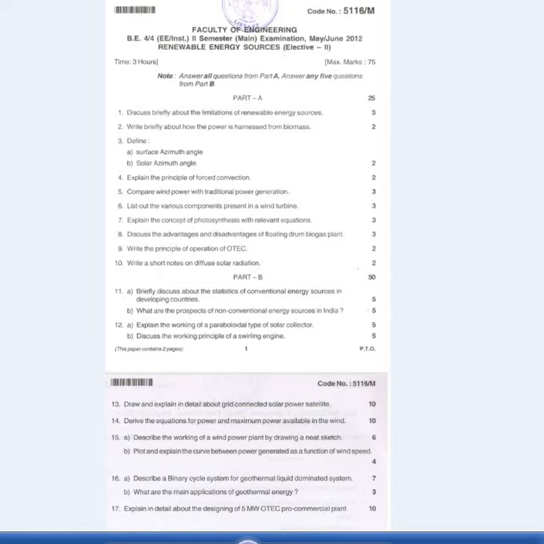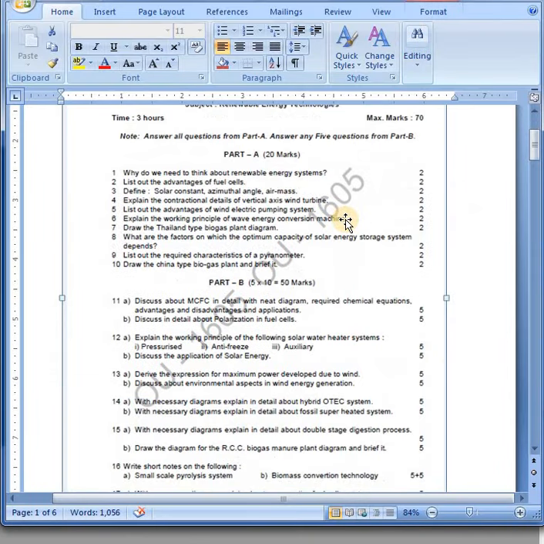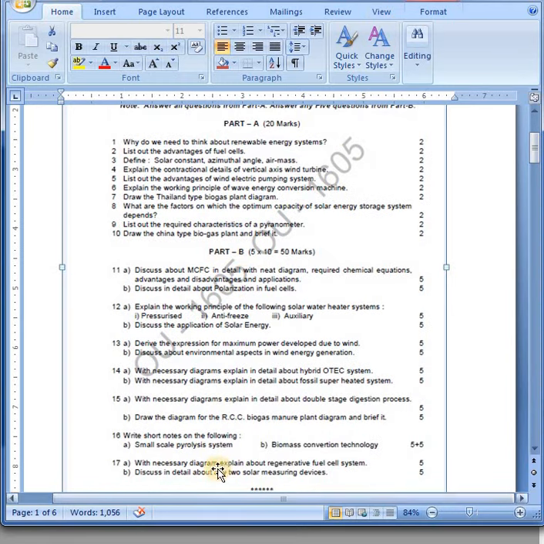Focus on the basic definitions of solar radiations, which would be asked in your 2 marks short answer questions, and solar water heating, applications, and solar pond might be asked in your long answer question. It is also asking for two solar measuring devices, which we have already discussed: the pyranometer and the pyrheliometer.